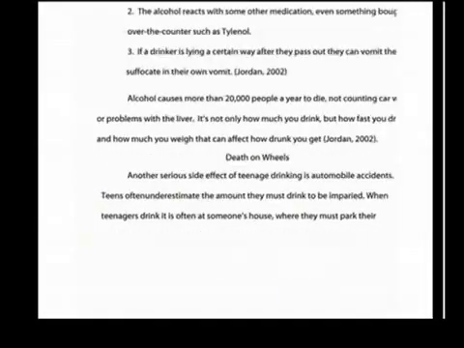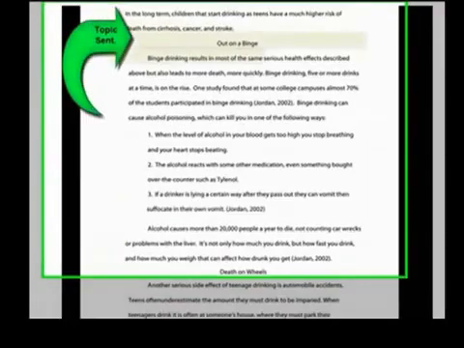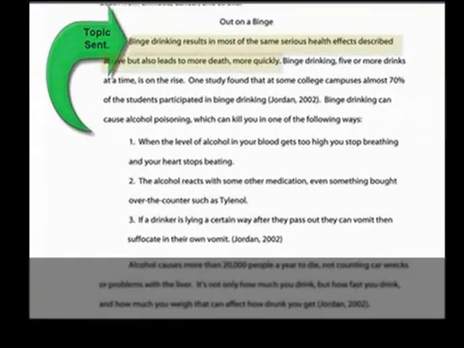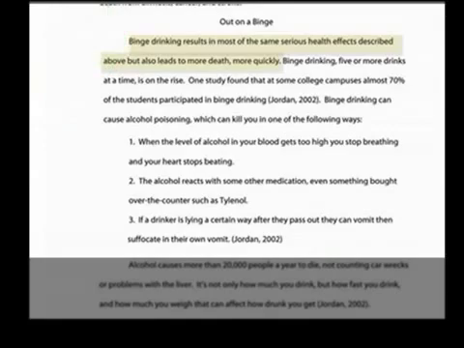Let's skip on now to the second section of her paper called Out on a Binge. And now here's the topic sentence of this section. Binge drinking results in most of the same serious health effects described above, but also leads to more death more quickly. So she's making the difference there. Now we got to see more death and we got to see more quickly.